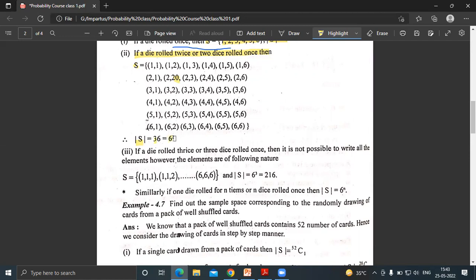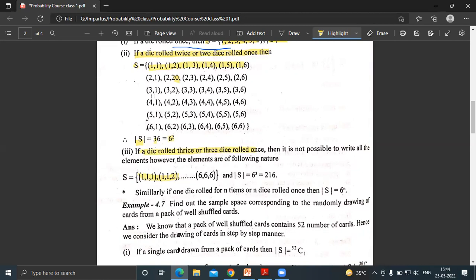36 means 6 square. Similarly, if a die is rolled thrice or 3 dice are rolled once, it is not possible to write all the elements here, but it will be like this: 1,1,1, 1,1,2, 1,1,3, 1,1,4, up to 1,1,6.